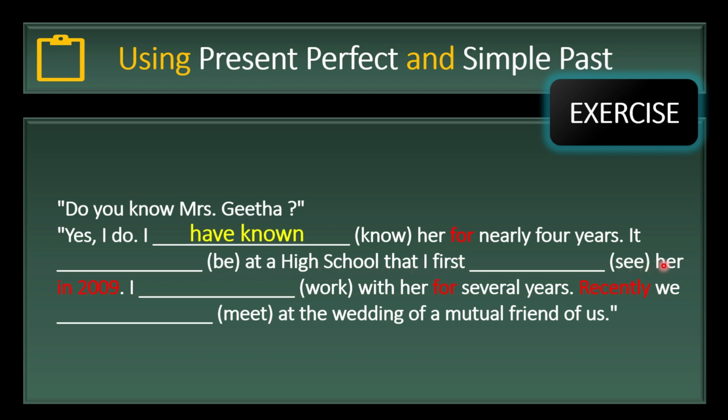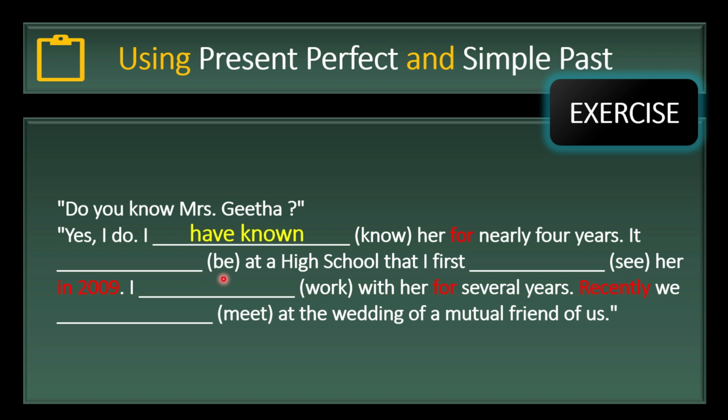Okay, now next one. It dash at a high school that I first her in 2009. There is a clear indication of past time here, in 2009, so we have to use simple past in both the blanks here. Now we have used be here.